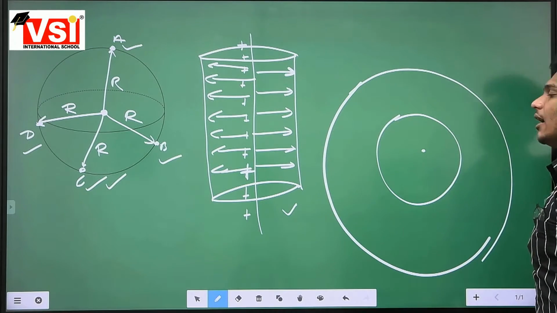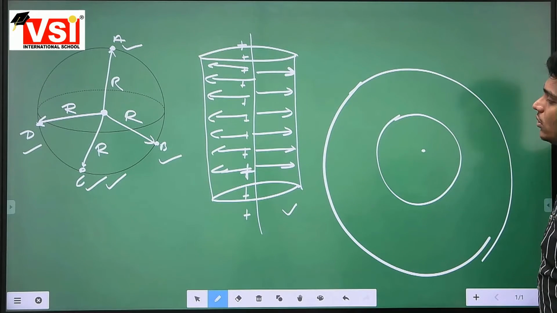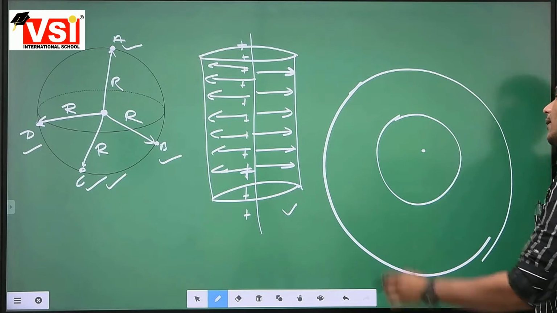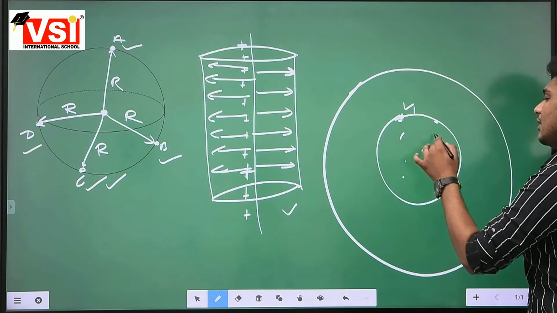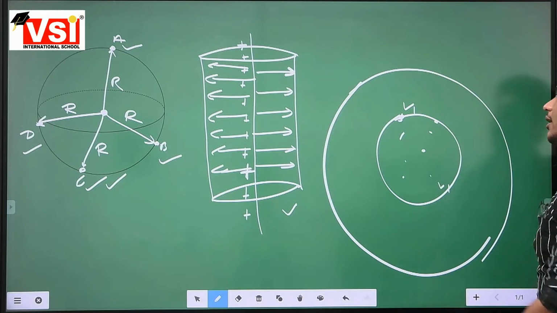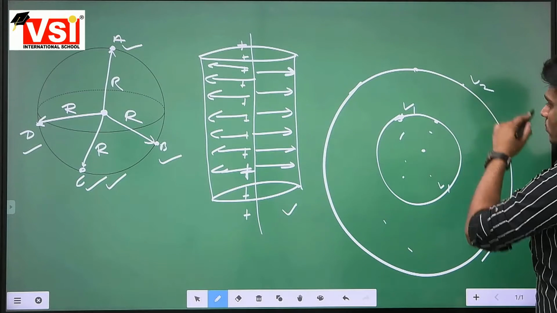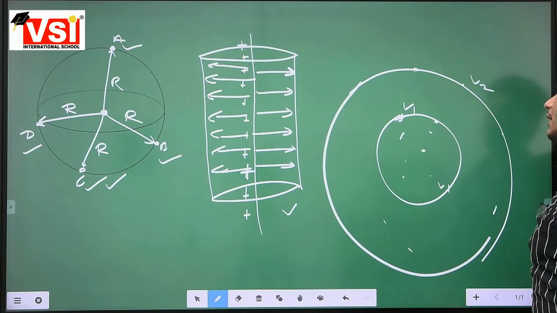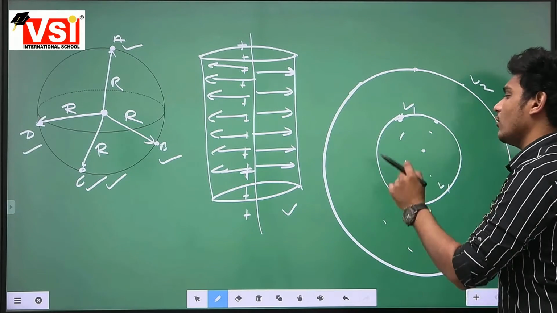Both surfaces are equipotential, but the potential will be different on both. If on this surface each and every point is considered V1 potential, then the potential on the second surface will be V2. V1 will not be equal to V2, but the potential on each and every point on the surface will remain the same.